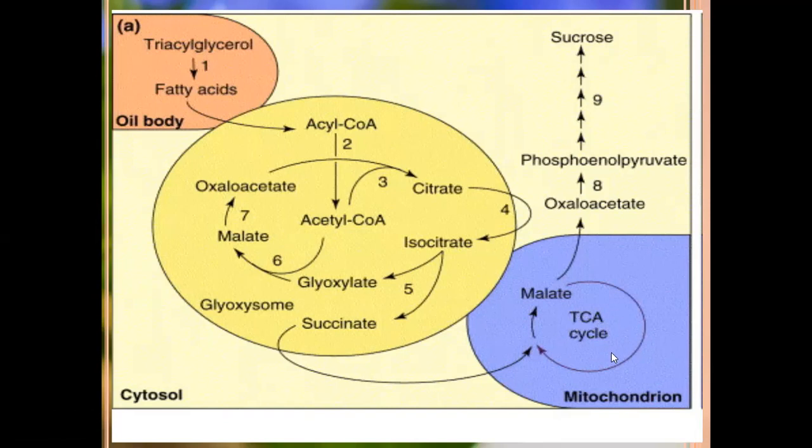The TCA cycle receives four carbon atoms of succinate and converts it into four carbon atoms of malic acid. The four carbon atoms of malic acid are converted into four carbon atoms of oxaloacetate. The four carbon atoms of oxaloacetate also enter into the cytoplasm.